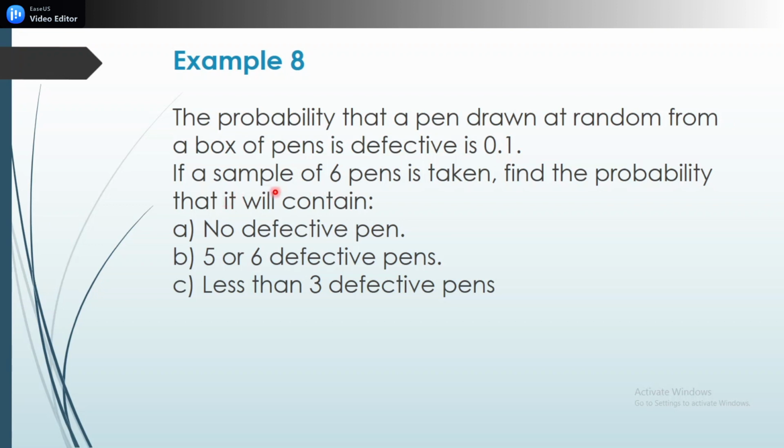If a sample of 6 pens is taken, find the probability that it will contain no defective pen, 5 or 6 defective pens, and less than 3 defective pens.